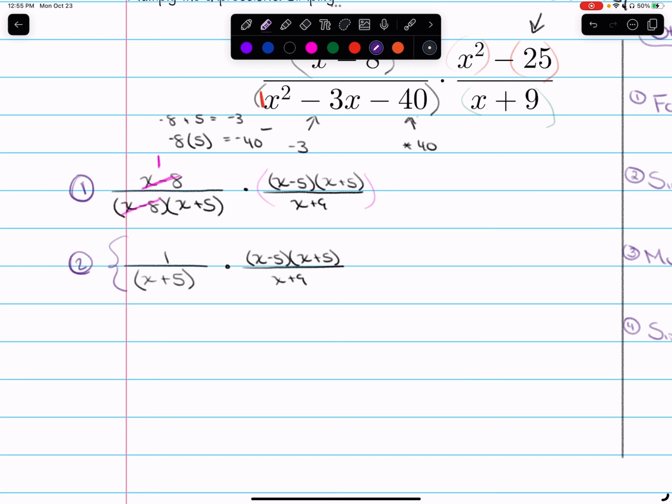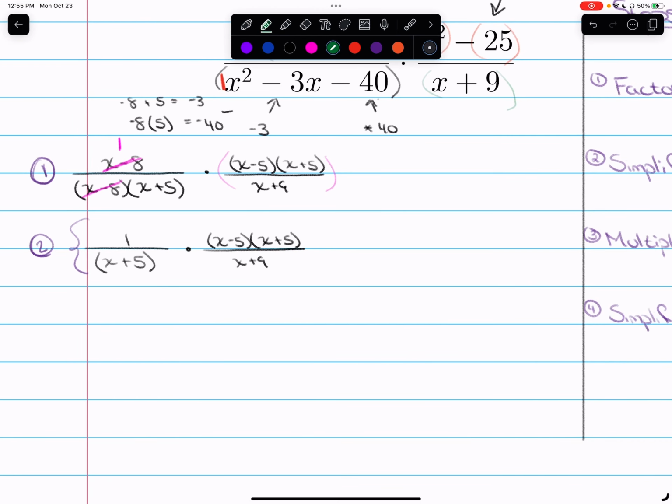Okay, step 3, we're going to smush everything together. So we're going to do numerators over denominators. 1 times x minus 5, x plus 5. So I have x minus 5, x plus 5 over, and we're going to smush together all of our denominators. x plus 5, x plus 9.